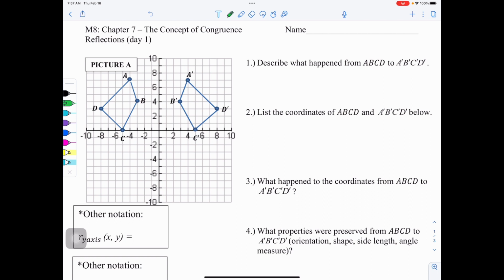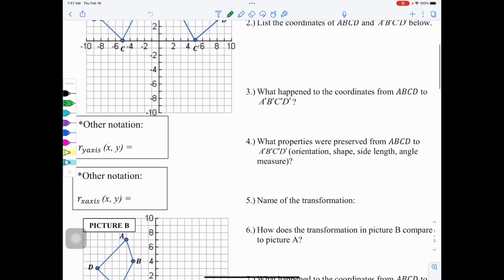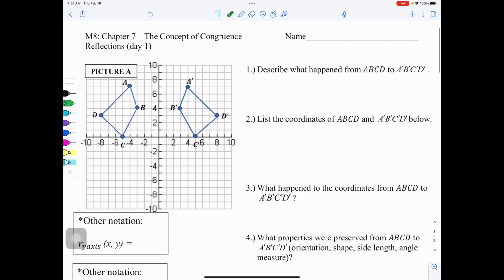You'll be listing coordinates. I'll be asking you what happened. You'll refer back to the previous day's vocabulary and say what properties were preserved. You'll name the transformations, and then you'll compare picture B to picture A. So at this time, if you would pause the video, please, and try questions 1 through 8, then you can resume the video to check your work.